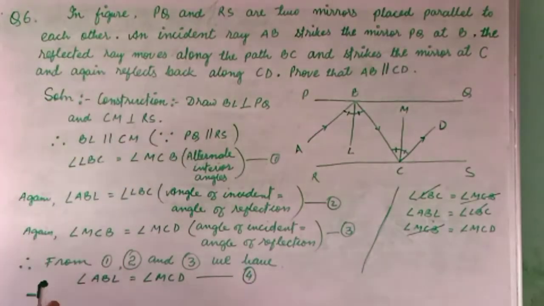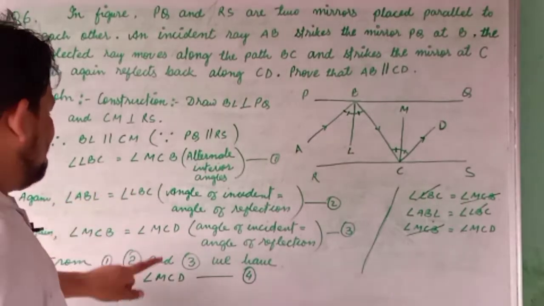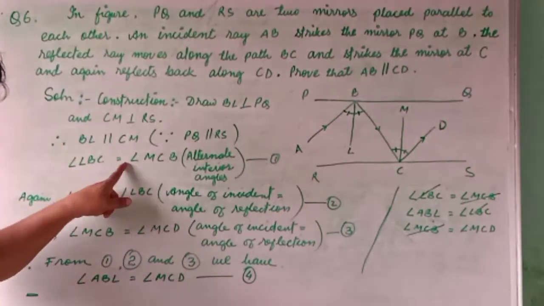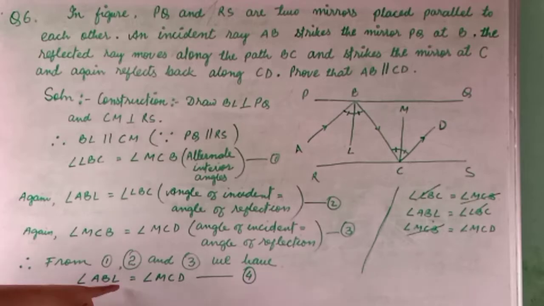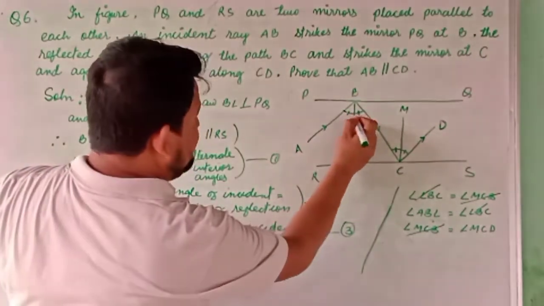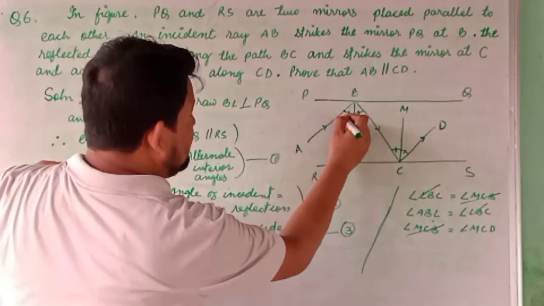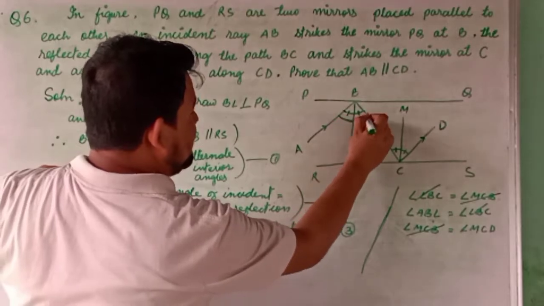So now we need equation number 4 and 1. If we compare 1 and 4, that means if we add 1 and 4, see LBC with this LBC, if we add angle ABL, we are going to get this complete angle.